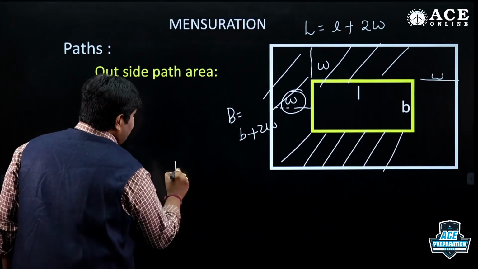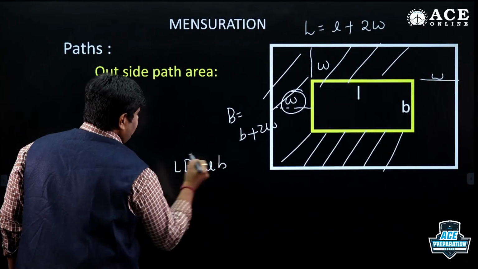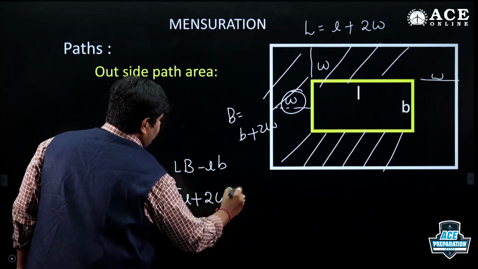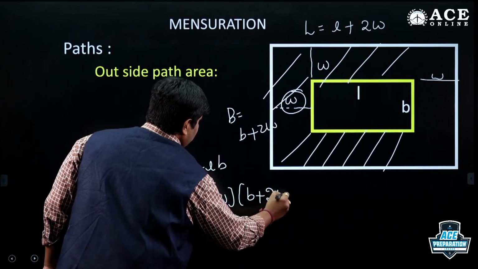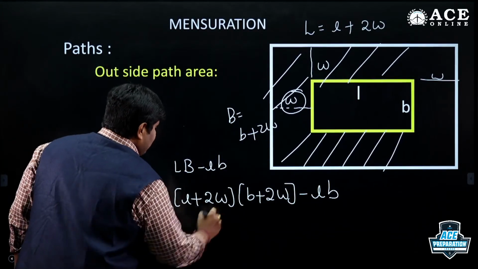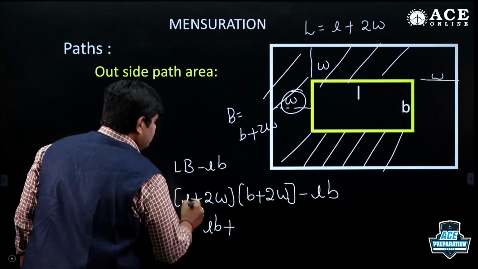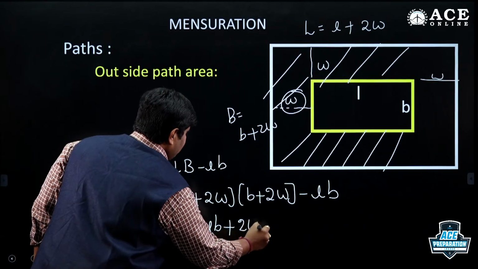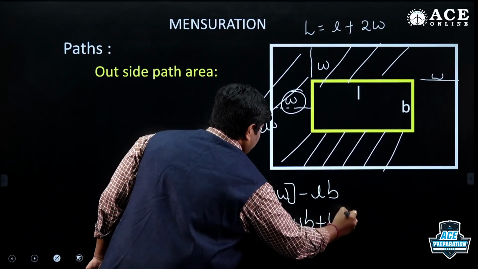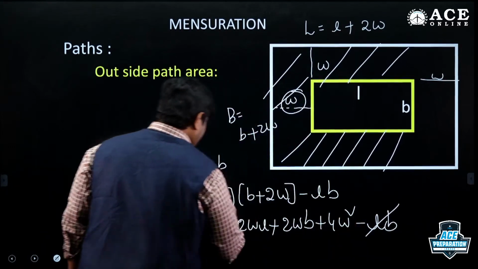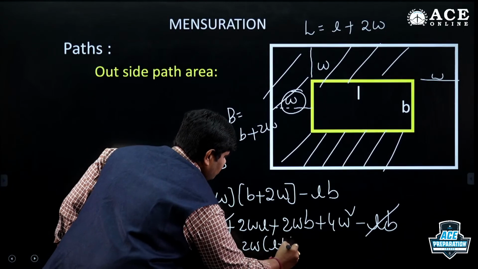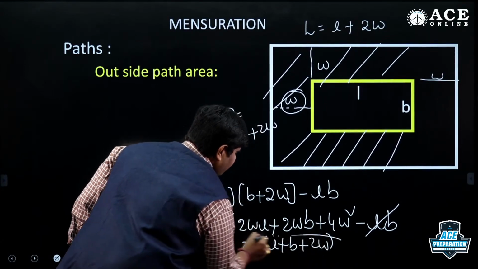Outer rectangle is (L plus 2W) into (B plus 2W), minus L into B. So LB plus 2WL plus 2WB plus 4W square minus LB. LB cancels. Here 2W is common: 2W (L plus B plus 2W). This is the outside path area.